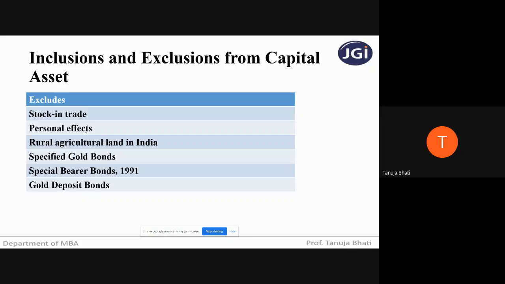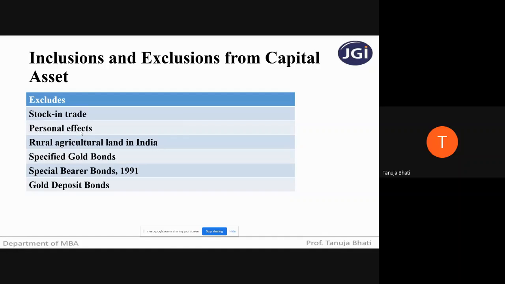Therefore, the sale of the car will not fall under the definition of capital asset, and if it is not a capital asset, it will not be chargeable to tax under the head capital gains. Is that clear?